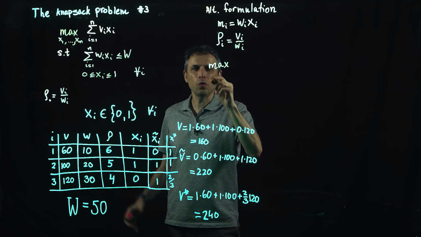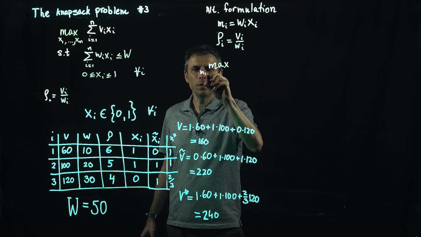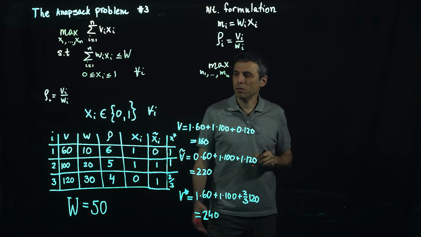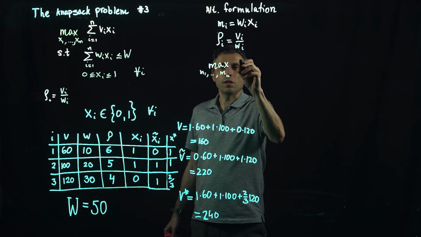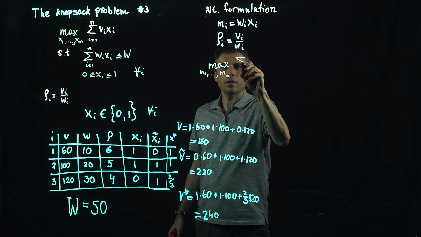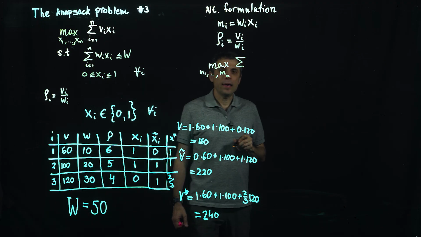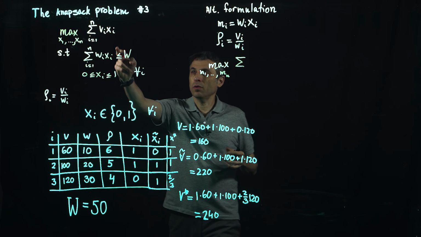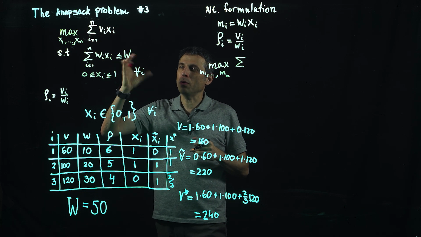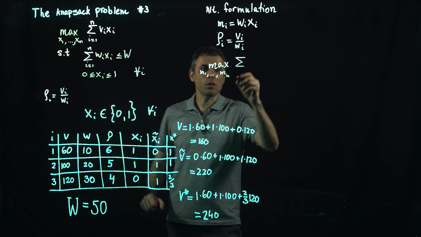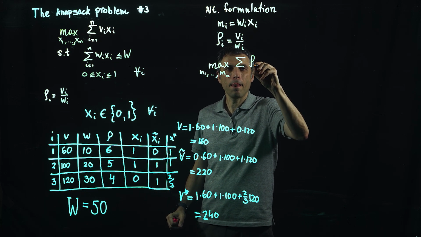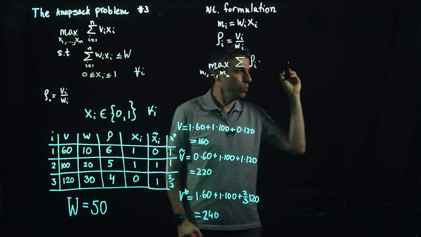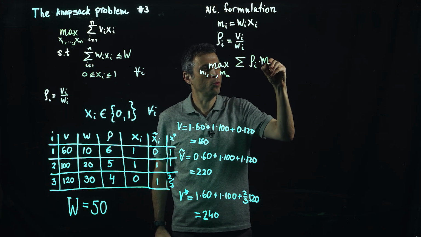I'm going to choose m1 to mn. I have n items, 3 like in this example, sigma, and now I'm going to write the value as rho i times mi.